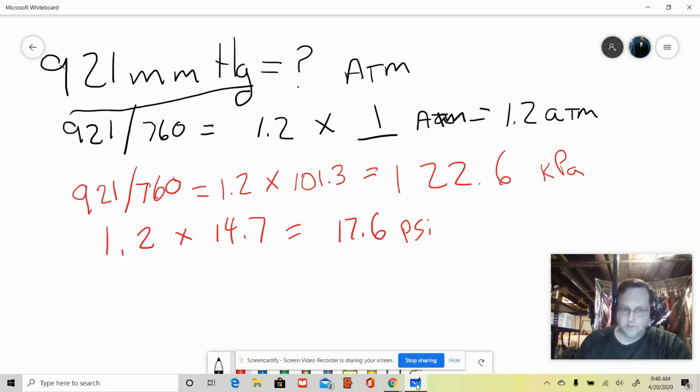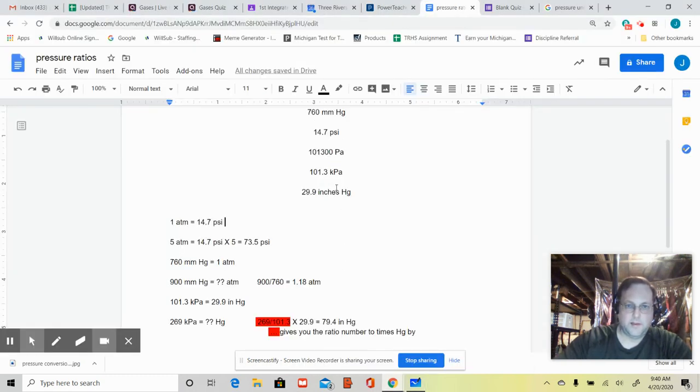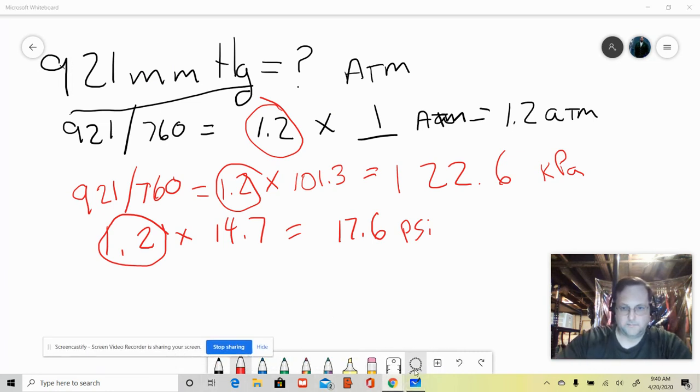So I would do the same exact thing first. 921 divided by 760 gets me this ratio, 1.2. I have 1.2 of these right here, and I just multiply the other one by that factor to figure out what it is I'm actually doing.